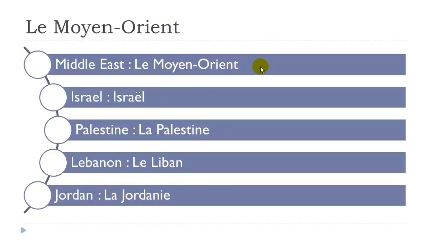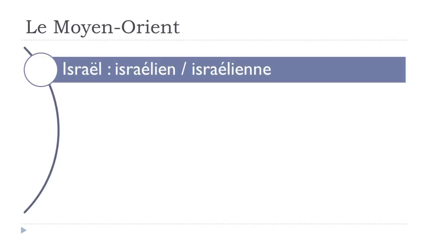Le Moyen-Orient, Israël, la Palestine, le Liban, la Jordanie. Okay, and now we'll see the nationalities. Okay, so Israel, and then I will put the masculine form here and the feminine form here.